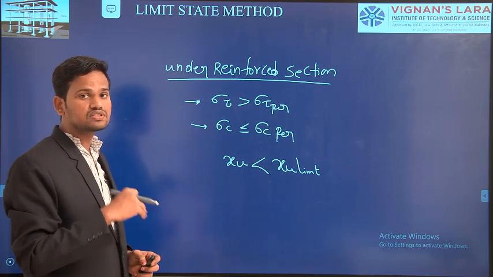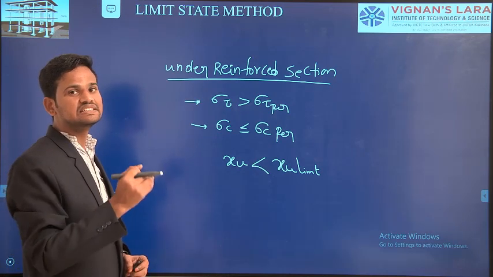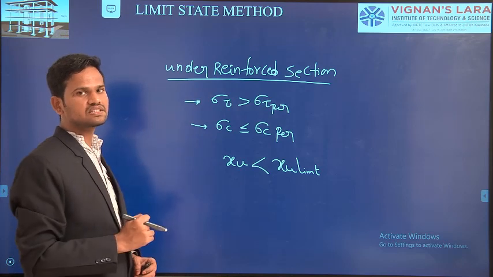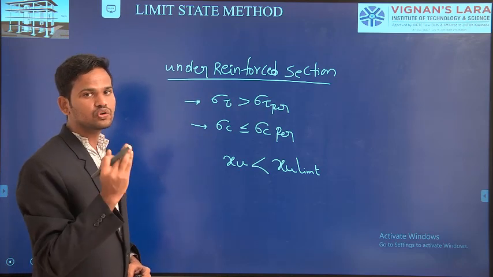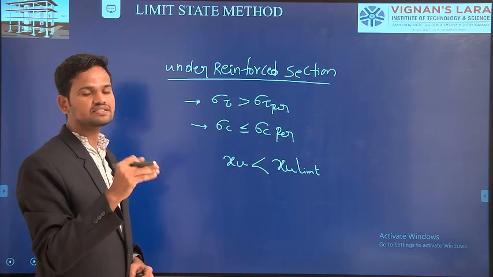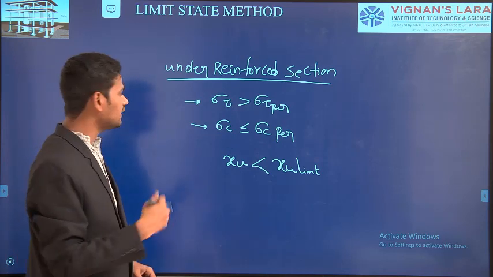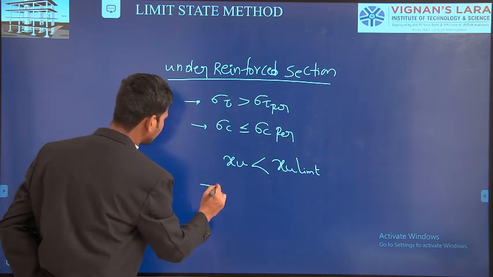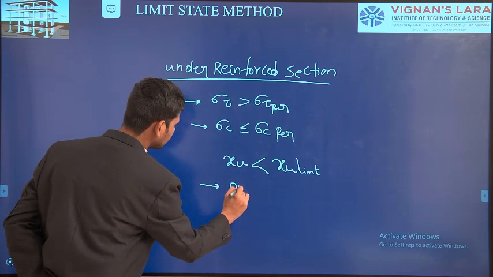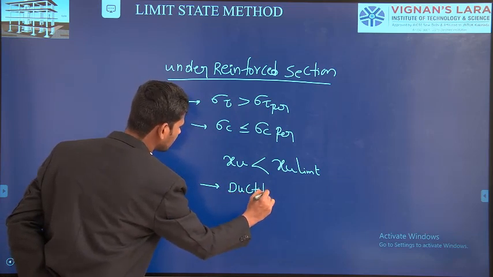That section will be called an under reinforced section. In an under reinforced section, what is happening? Strain comes first in the steel and the failure is due to strain in the steel. It will be called a ductile failure, D-U-C-T-I-L-E.